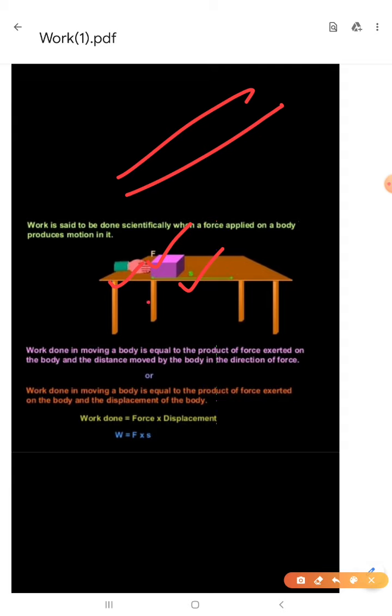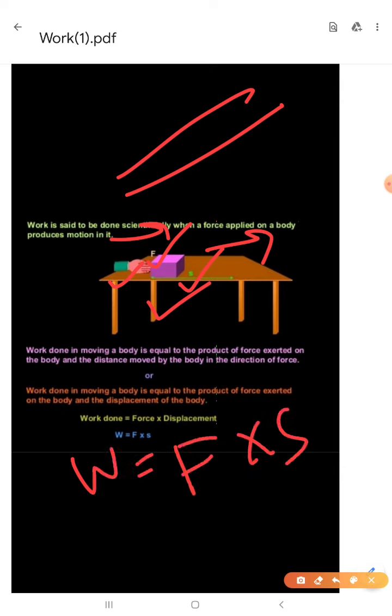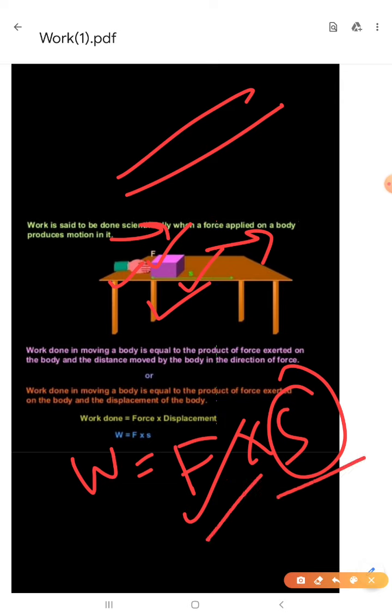Suppose there is a force and also a displacement. Then we can find work by multiplying both, force and displacement. Why are we multiplying? Because in this case displacement is in the direction of force.